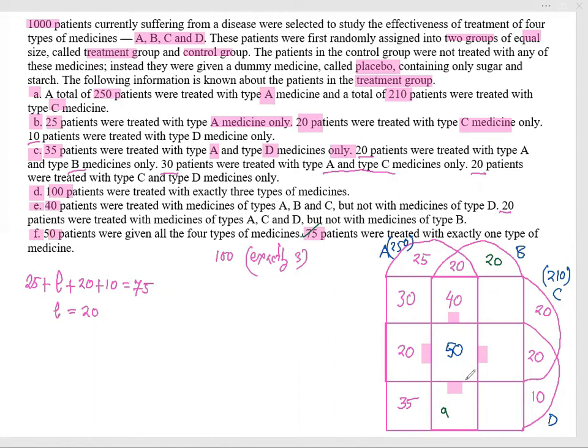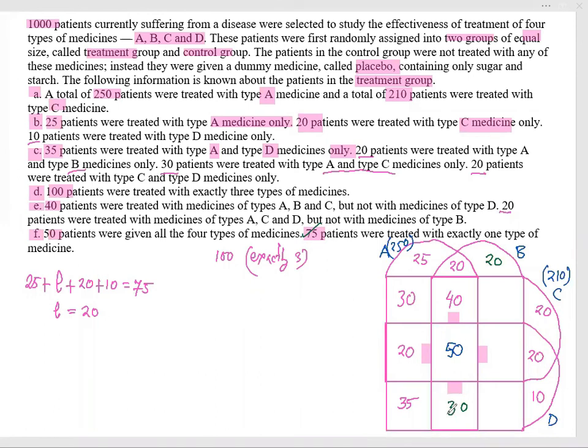What is this entire data? 50, 50, 100, 160, and 35, 25. 35 and 25 is 60, 160 plus 60, 220. So this would be 30. As per our calculation, I can find that this data is coming as 30.